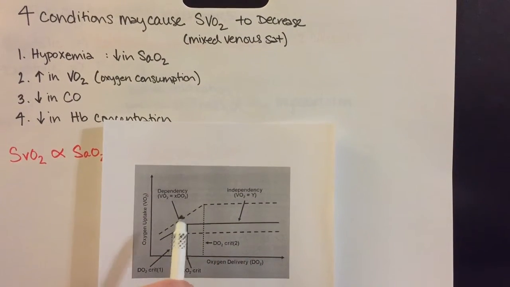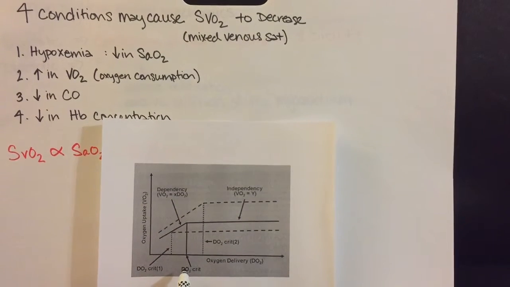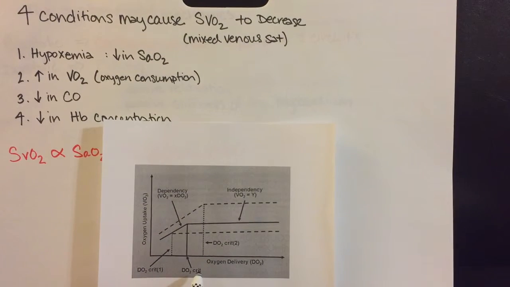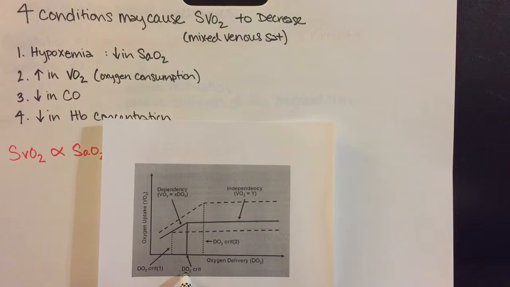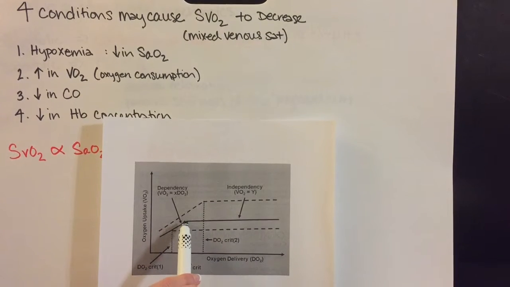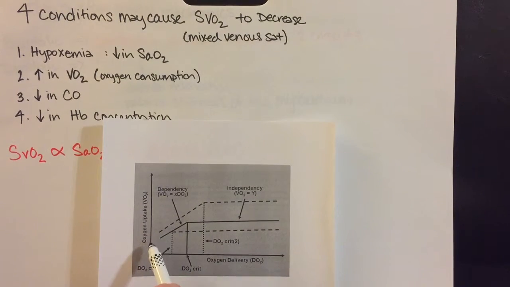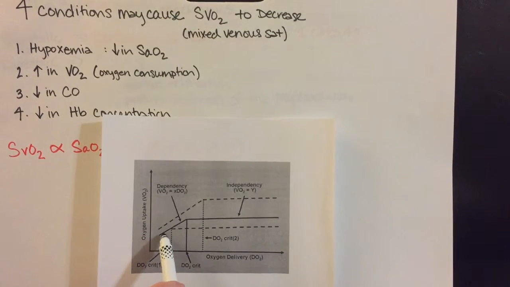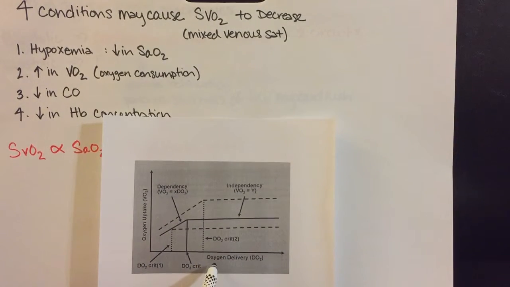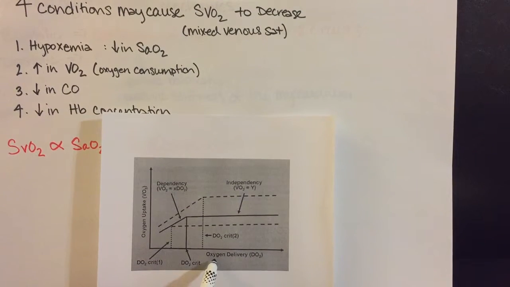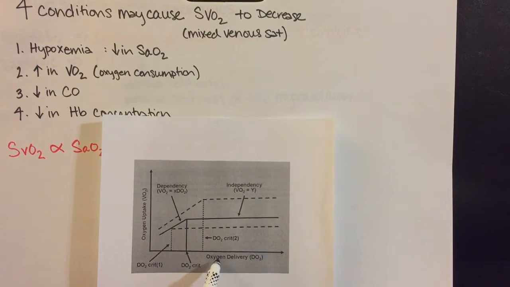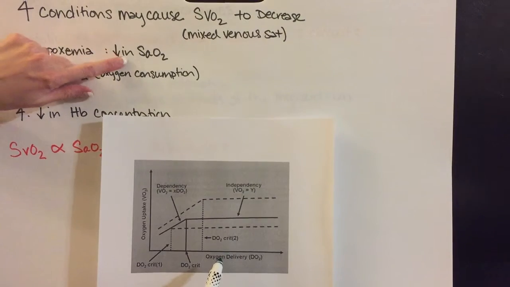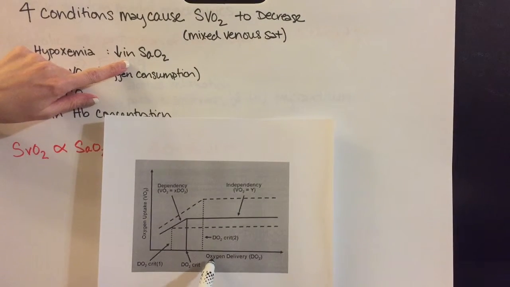However, there comes a point in the system where you have a critical oxygen delivery value, at which point the curve falls off sharply and the oxygen uptake of the tissues becomes dependent on the ability of the system to deliver oxygen to the tissues, such as a decrease in SaO2 in respiratory distress.